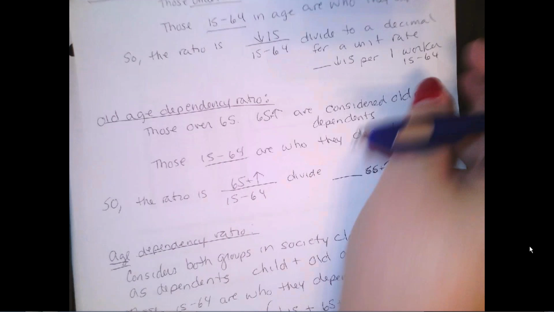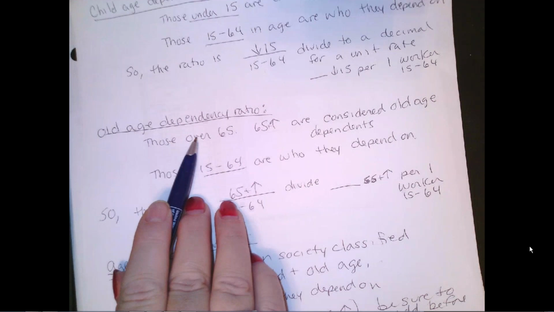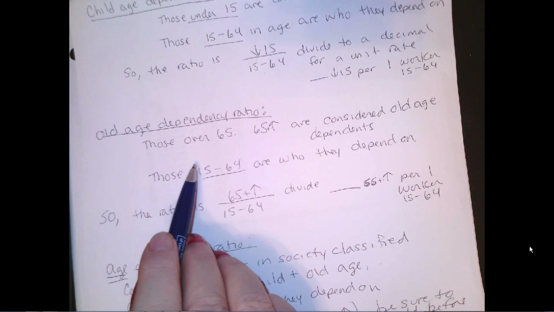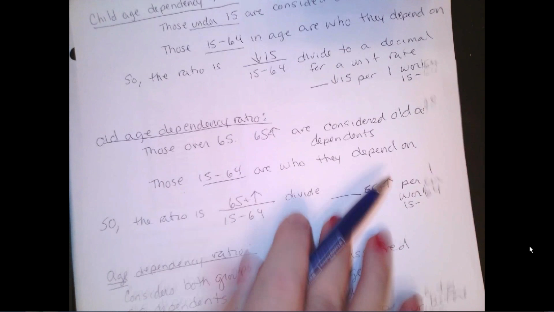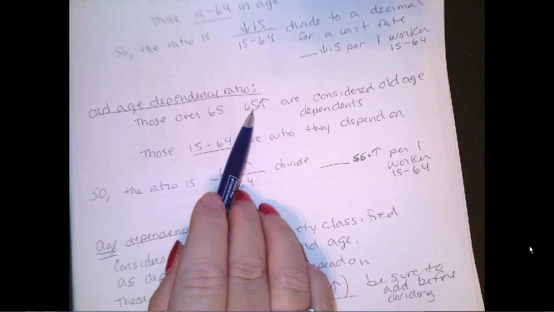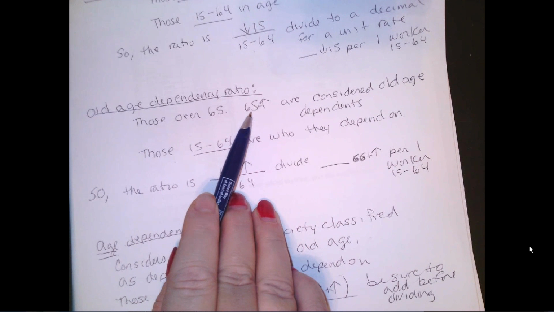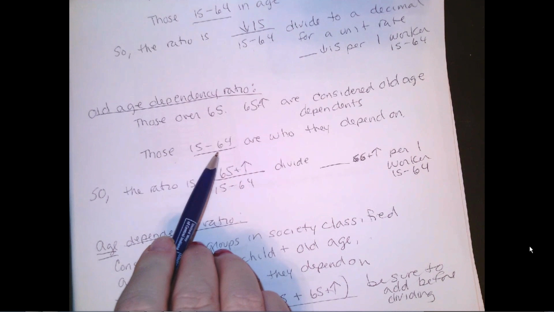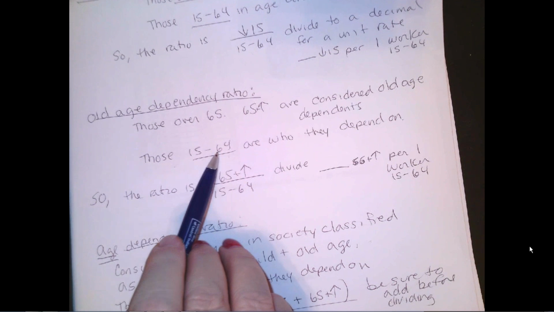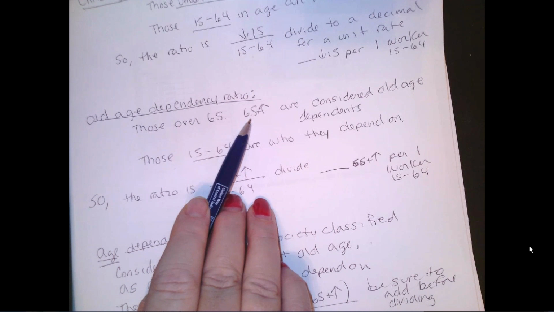Okay. The old age, and this kind of goes along with our society, they define old age dependents as those over 65. Now we are working a lot longer in the U.S., but for many generations that was set as the retirement age. Who do they depend on? The 15 to 64-year-olds were the ones paying in Social Security that went out to the ones that were 65 and older.